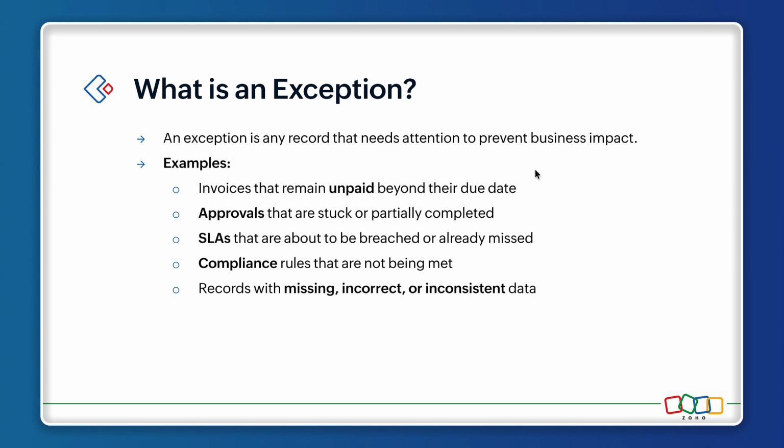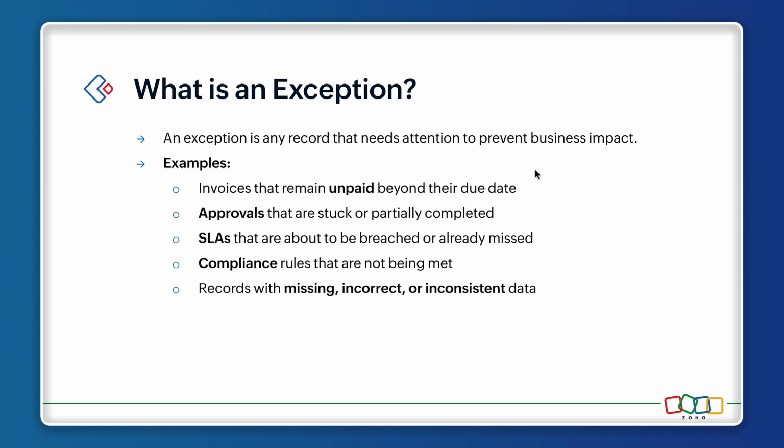To explain it in an easier way, let's take some examples. When I take an invoice management application, there might be multiple invoices that remain unpaid past the due date, right? That is an exception in invoice management. Let's take another scenario.